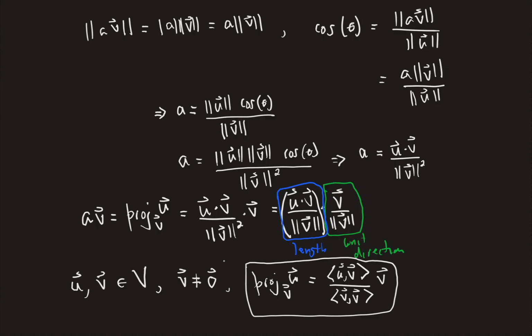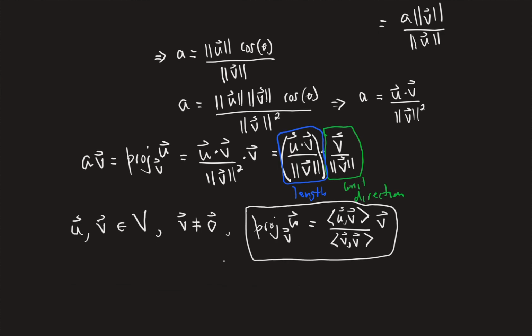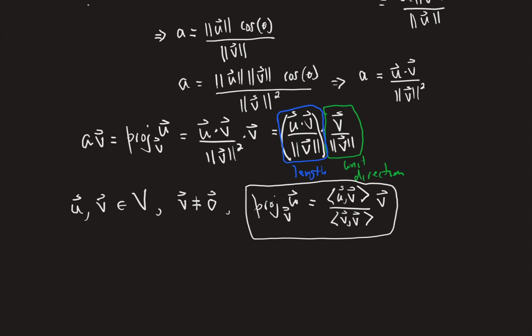I'll just do an example in R3, and then maybe another example in something like P2, right? So let's do a couple examples here to illustrate how this works. And anytime I'm doing one of these questions in a Euclidean space, unless the question tells me to use some other non-standard inner product, I'm always going to default to the Euclidean inner product, which is our dot product.